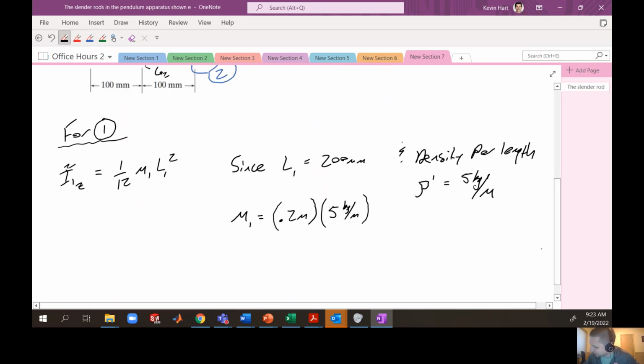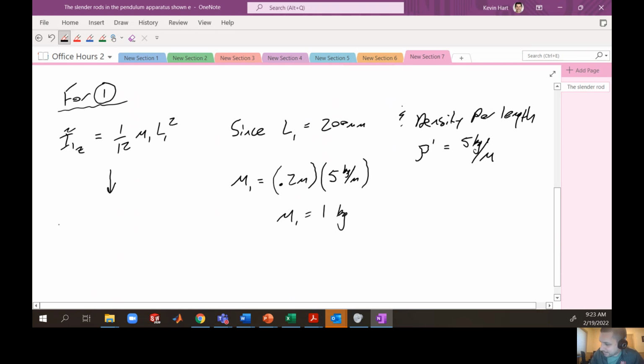You'll end up with the mass of object 1 equal to 1 kilogram. All right, well, that's nice, utilizing the density per length of this object in the calculation of the mass. So we're then ready to calculate this I tilde 1z.